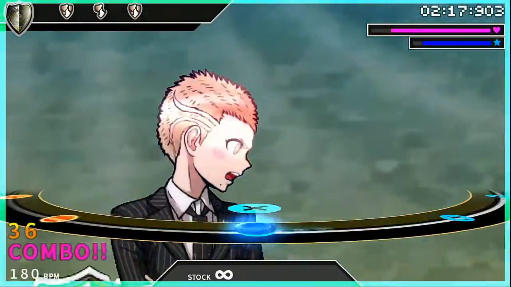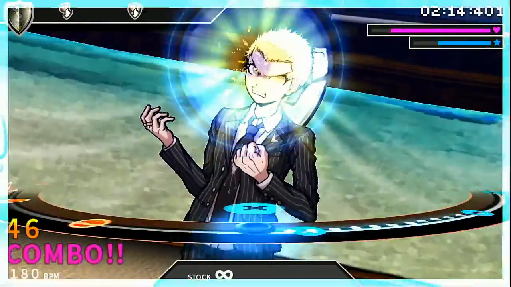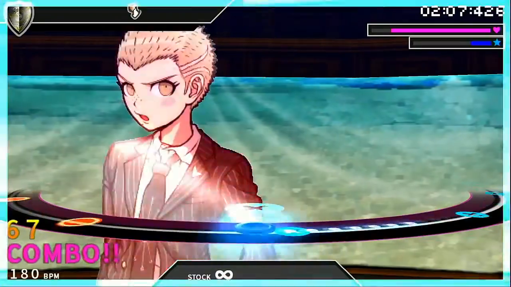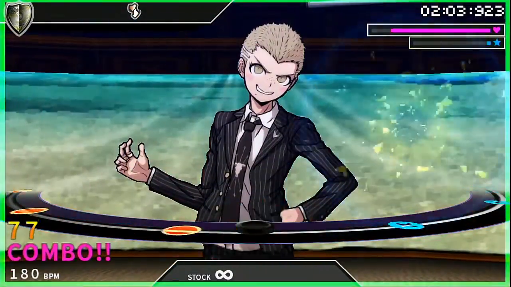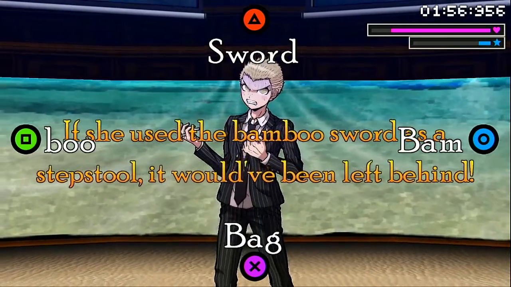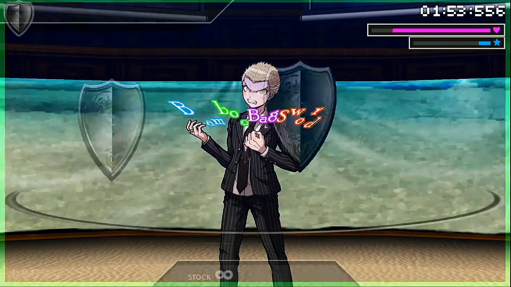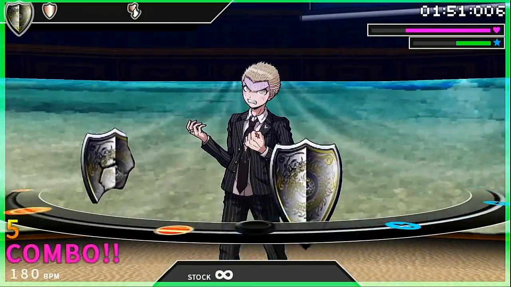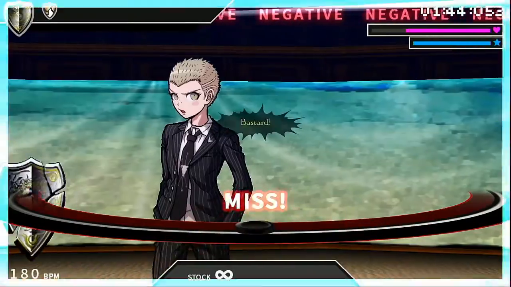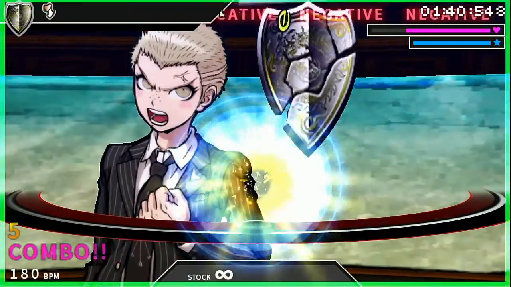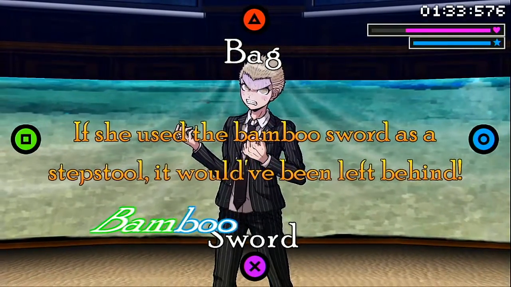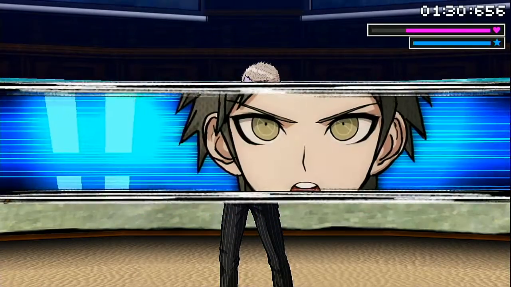Bastard! If she used the bamboo sword as a step stool, it would have been left behind! Damn it. This is the end!